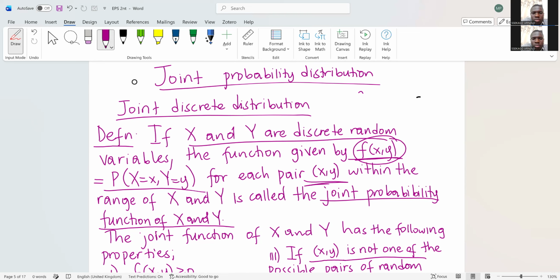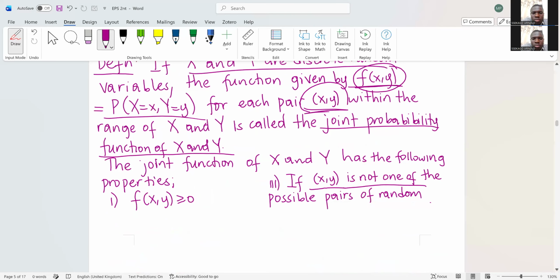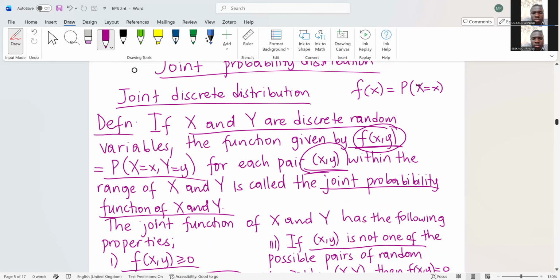In the other module, f of x was defined as probability of X equals x. Now here, f of xy is defined as probability of X equals x and Y equals y, and it is for each pair. In the other module, we are considering each value of x. Now this is for each pair, and that is what we call the joint probability distribution.